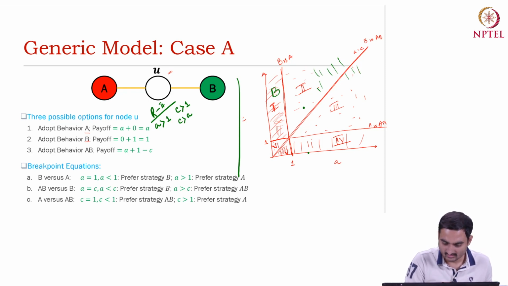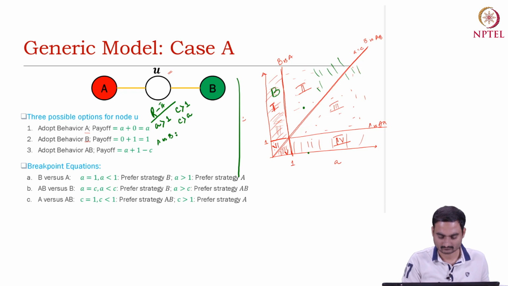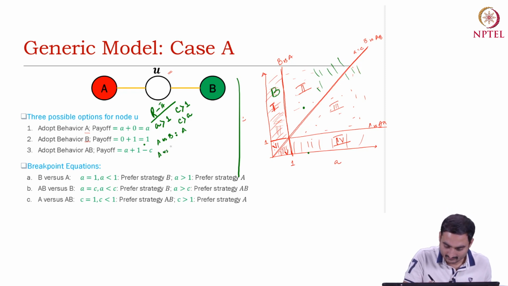Let's look at what happens between A and B, A versus B. A is greater than 1 and B is 1, so A will be chosen. So now B is cancelled out. What about A versus AB? Look at this one.